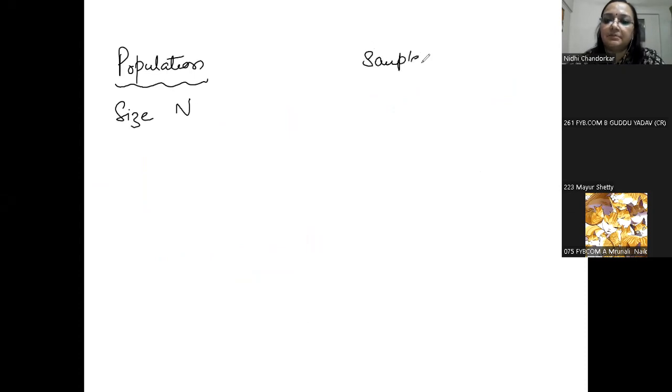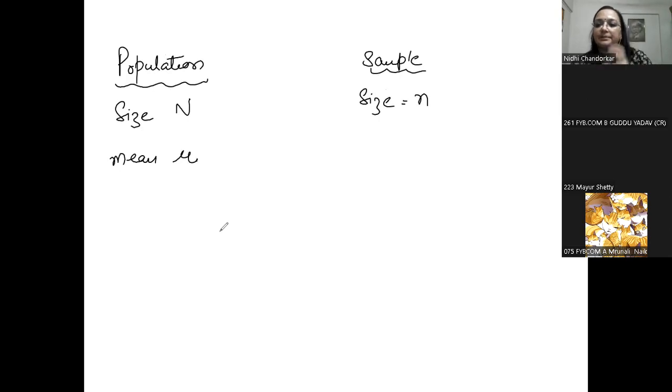Okay. So first of all, when we talk about population size, that means the number of elements in the population, it is represented by capital N, while in case of a sample, the sample size is represented by small n. Population mean is represented by mu. At times, even the standard mean, जिससे हमें sample का mean compare करना है, that is represented by mu.